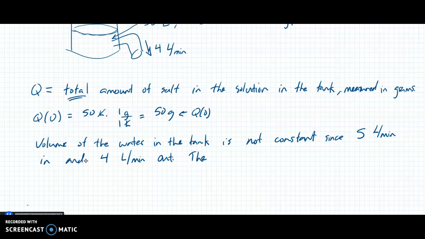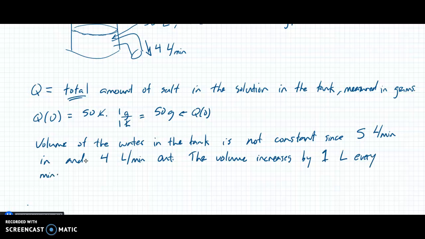Well, if I have 5 liters in and 4 liters out every minute, then the net difference between that 5 and that 4 is 1, right? So the volume increases by 1 liter every minute.